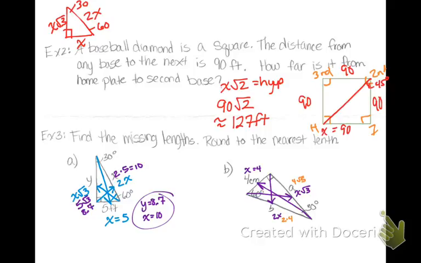Now 2 times 4 is 8. So I could say b equals 8. I don't know what a equals yet. So 4 square root of 3 is 6.9. So a equals 6.9.